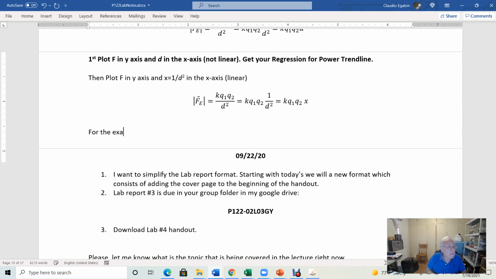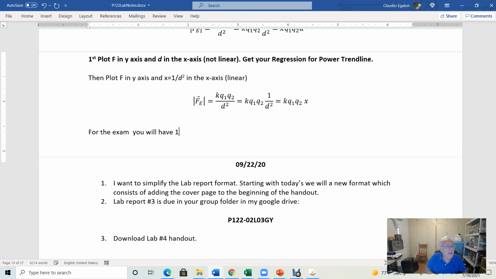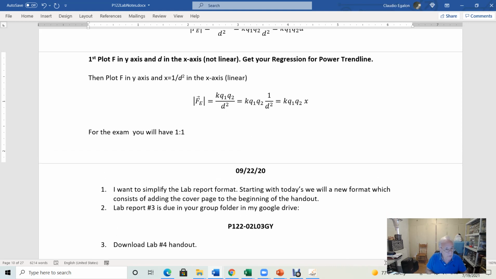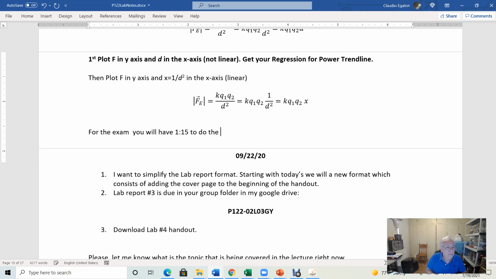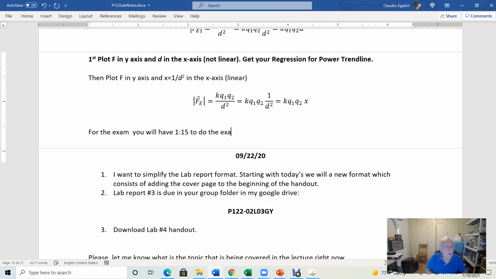For the exam, you will have 1 hour and 15 minutes to do the exam, within a 24-hour window.